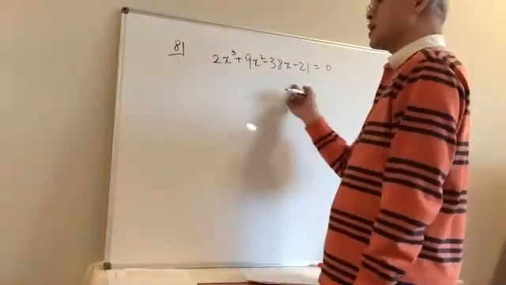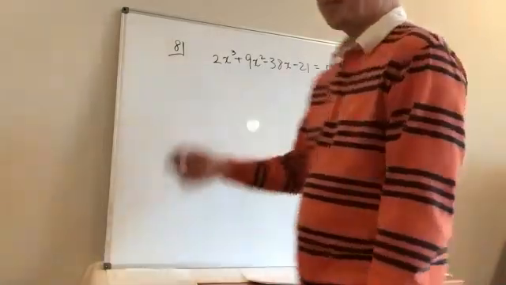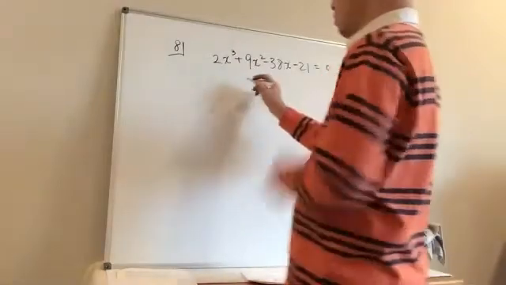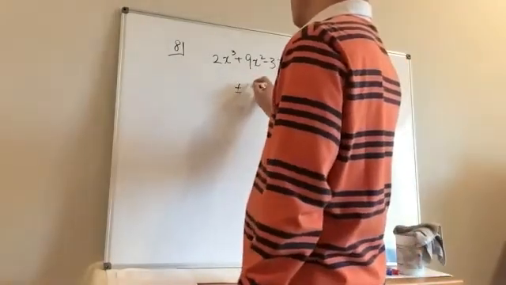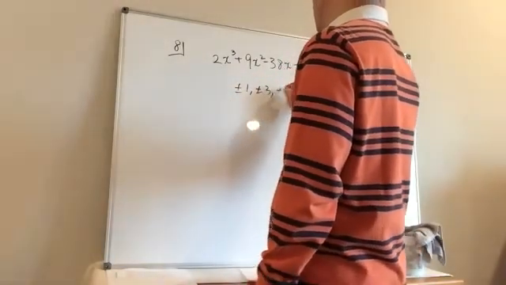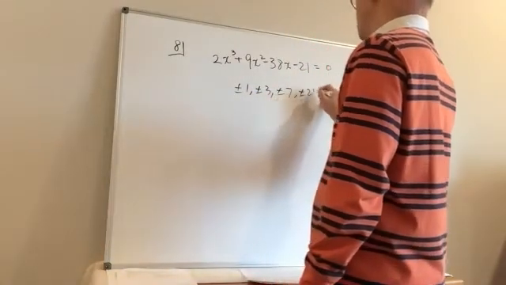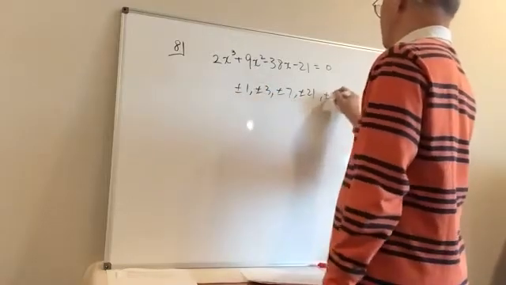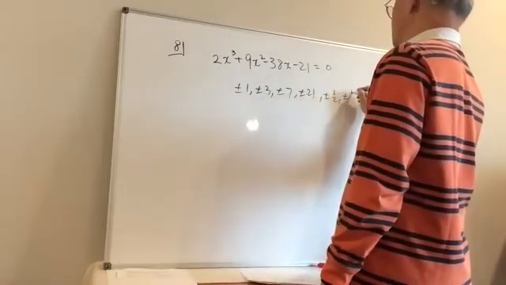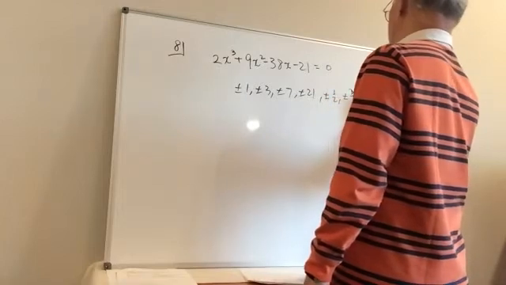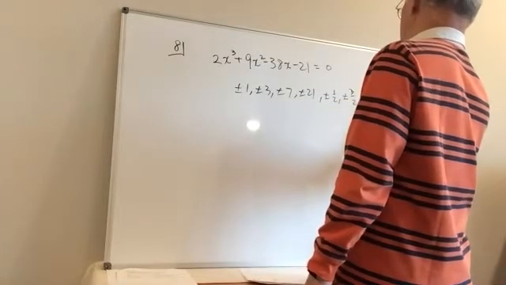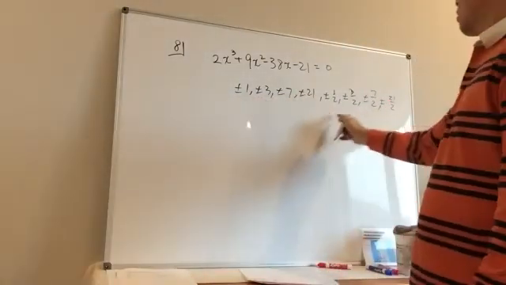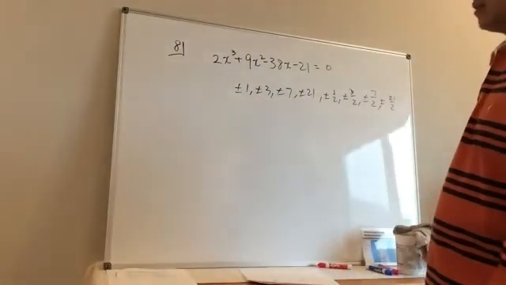So I'm going to do some synthetic division here. My possibilities are plus or minus 1, 3, 7, 21, and the division of these by 2. That's 16 different ones.